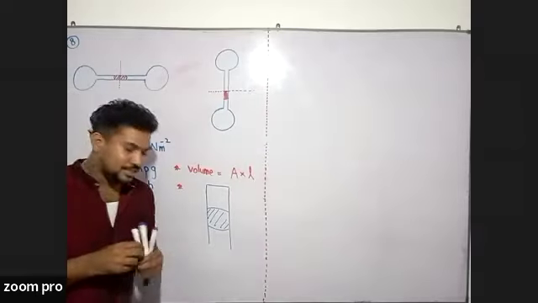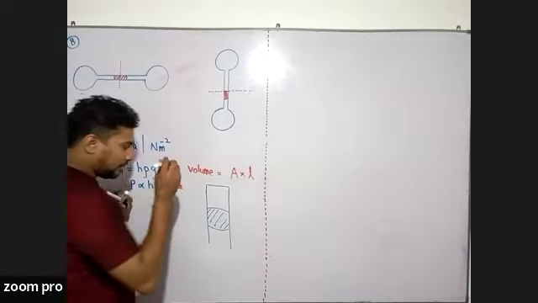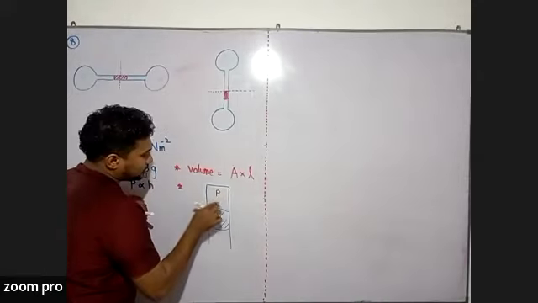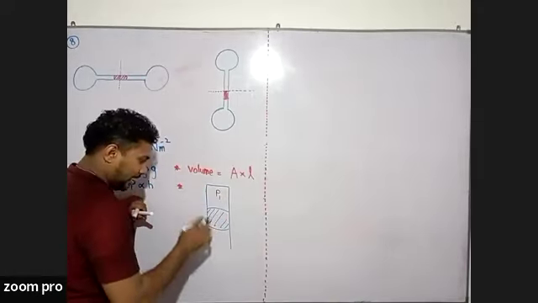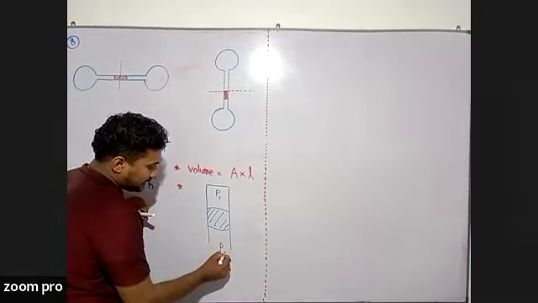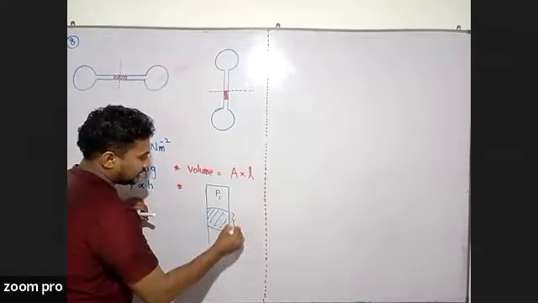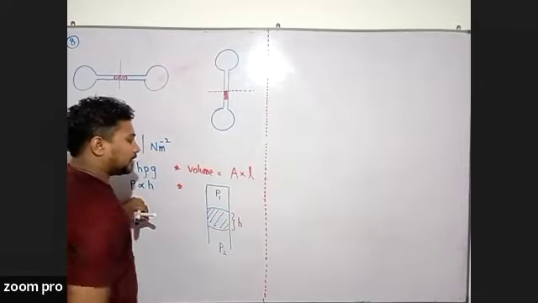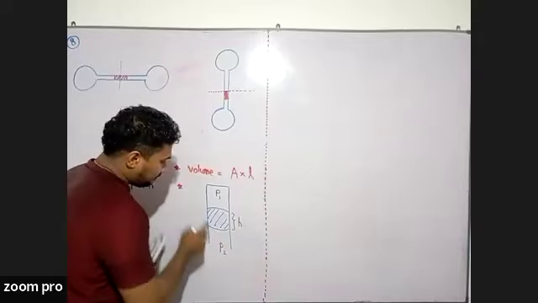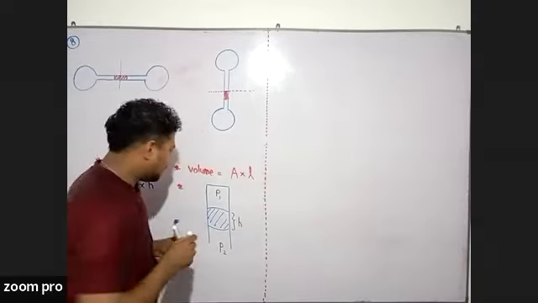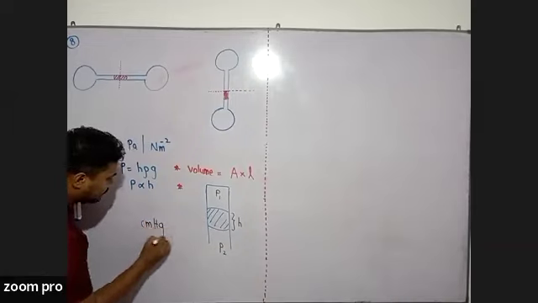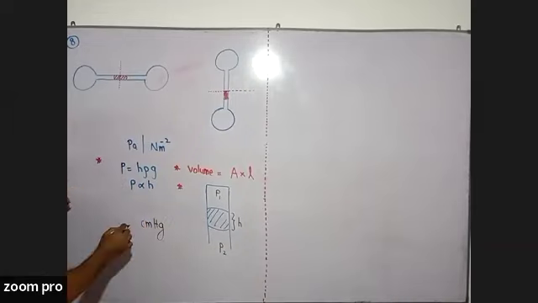Right. Let's assume the pressure inside this space is P1 and the pressure of this space is P2, and let's consider the height of this mercury column as H. Keep in mind that these P1 and P2 values are given in the unit of centimeters of mercury.